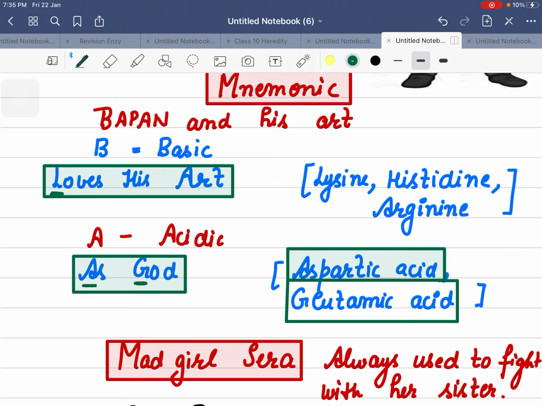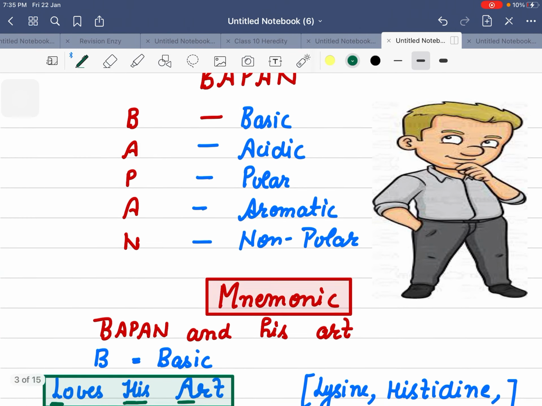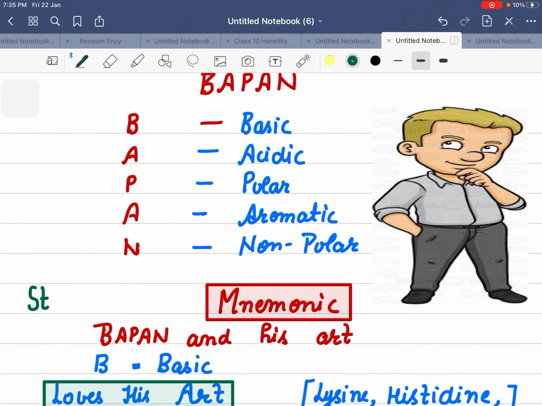So lysine, histidine, arginine. These are our basic amino acids. Aspartic acid and glutamic acid, they are our acidic amino acids. So our story number 1 is clear. Bapan and his art.